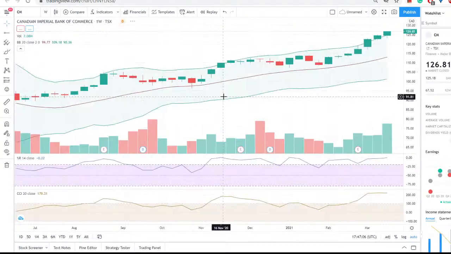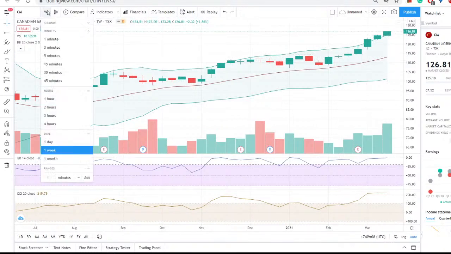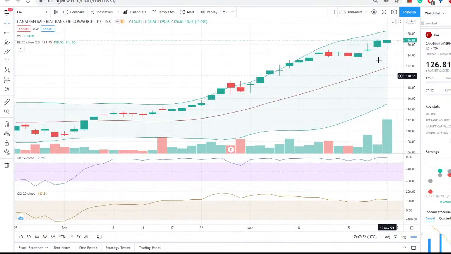Canadian Imperial. I have traded. I've already finished my trade, and I'm still holding only 50% of my Imperial. I have 50% profit already out at 125, and the target is 133. The volumes are high on green, and it can go up on the next session as well.